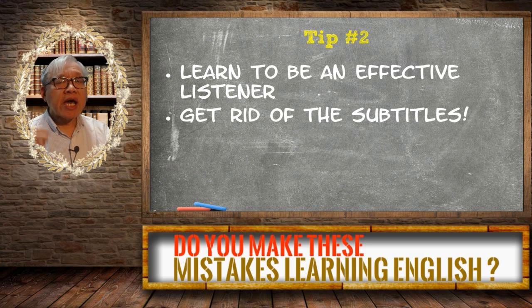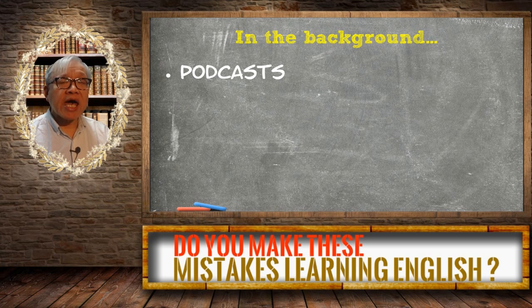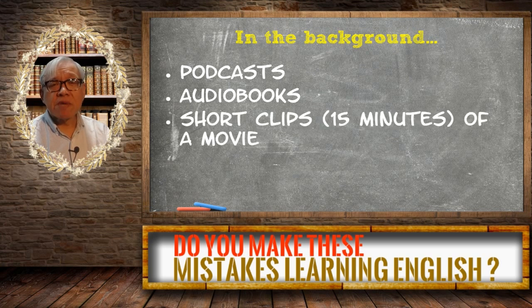It means exposing yourself, listening to more and more language, English language. So this can be a podcast, this can be an audiobook, this can be watching short sections of a movie. And I recommend this, watch 10, 15 minutes of a movie, go back, replay it, 15 minutes again, like that. Listening will really improve your fluency.